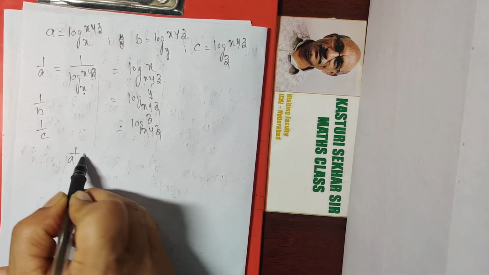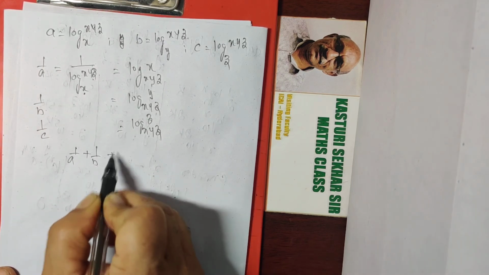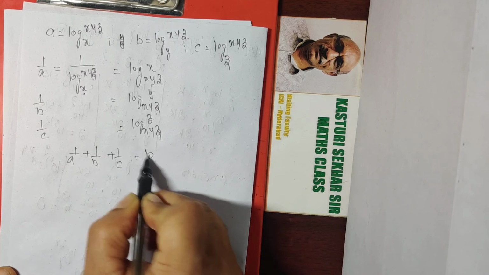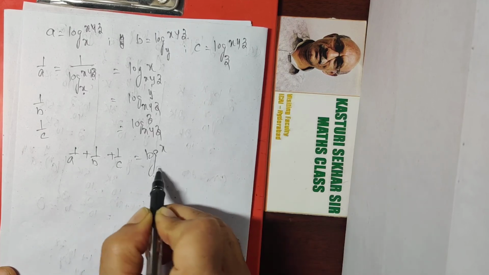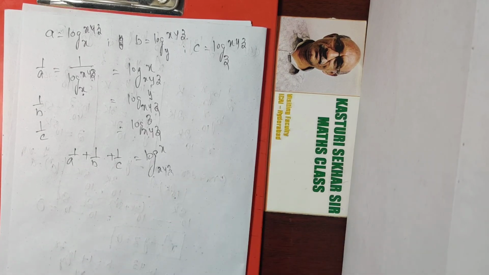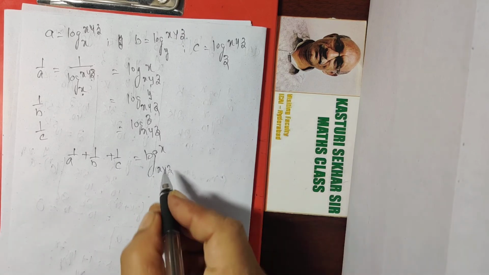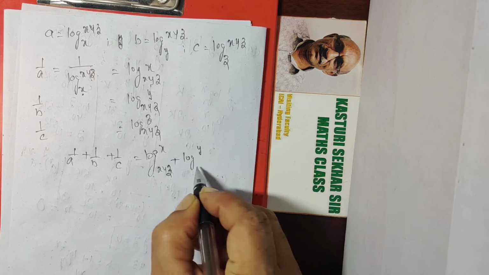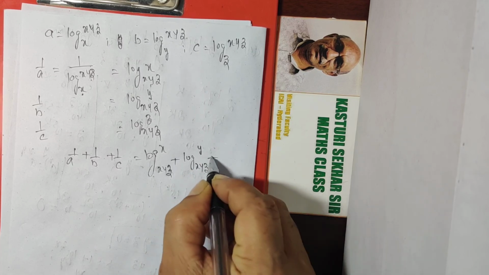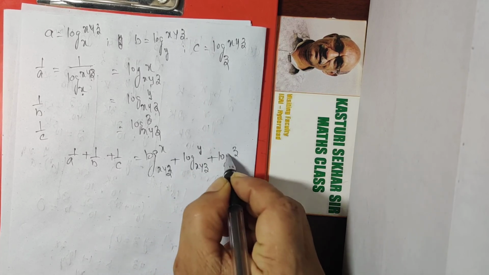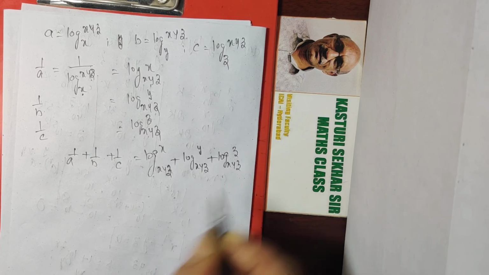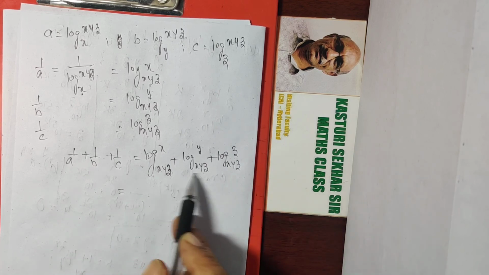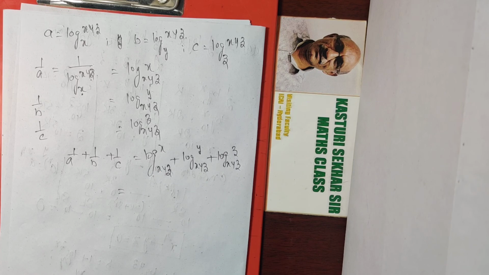So 1 by a plus 1 by b plus 1 by c is equal to log x to the base xyz, log y to the base xyz, log z to the base xyz. Bases are same. You can apply the log result.